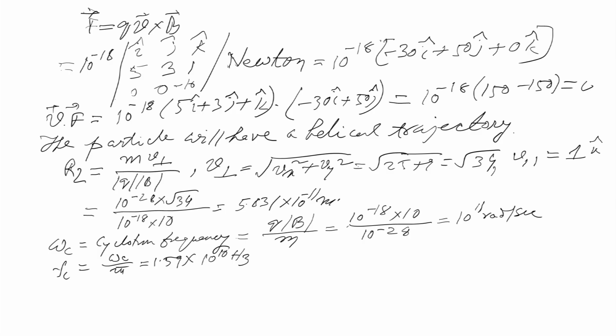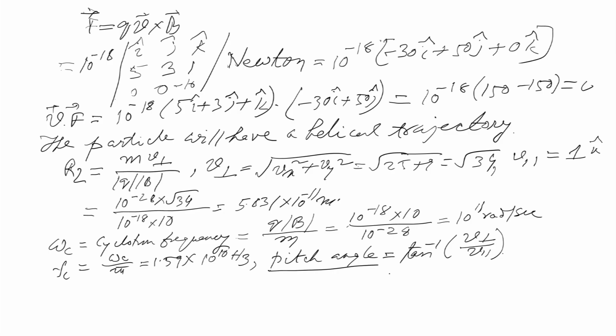Now, next is the pitch angle. Pitch angle is given by, that is already we have seen, tan inverse of the perpendicular component of velocity divided by the parallel component of velocity. Okay.